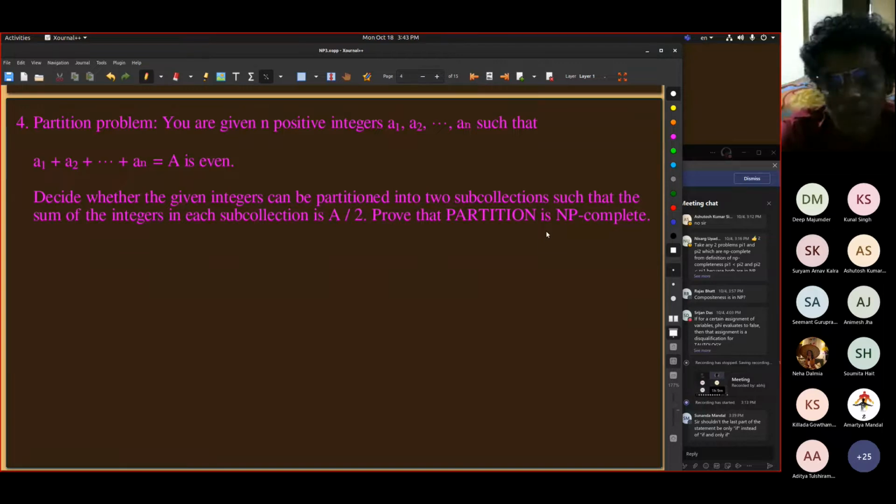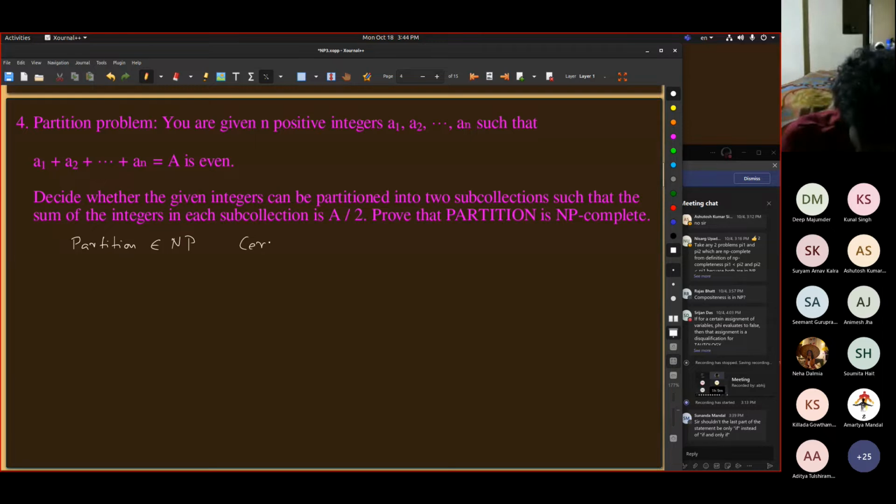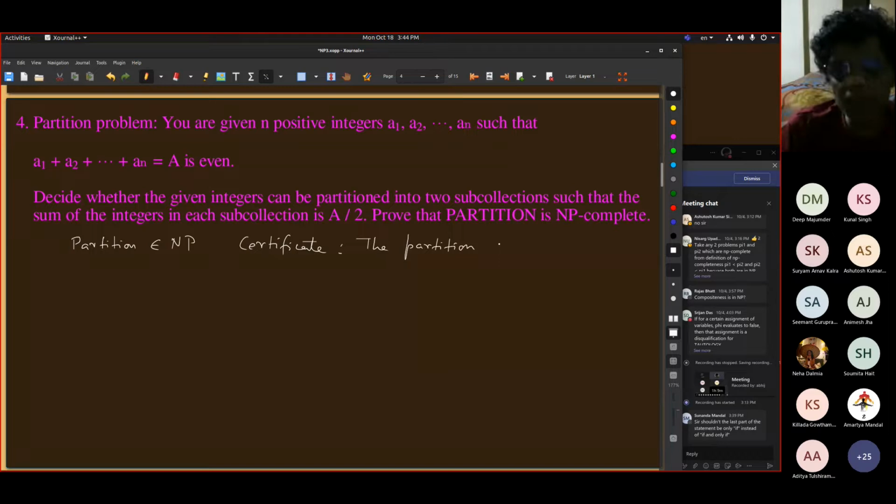Okay, so first of all, in NP, the certificate is the partition itself. Given the partition, you can simply go ahead and make the two sums and compare them.